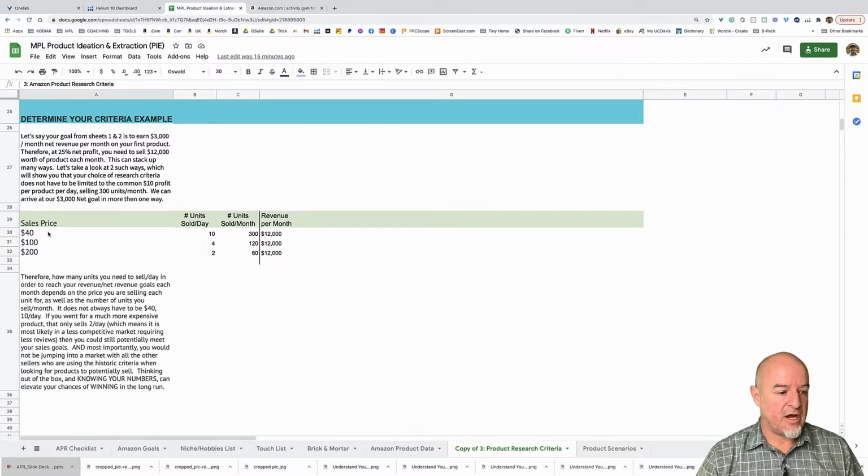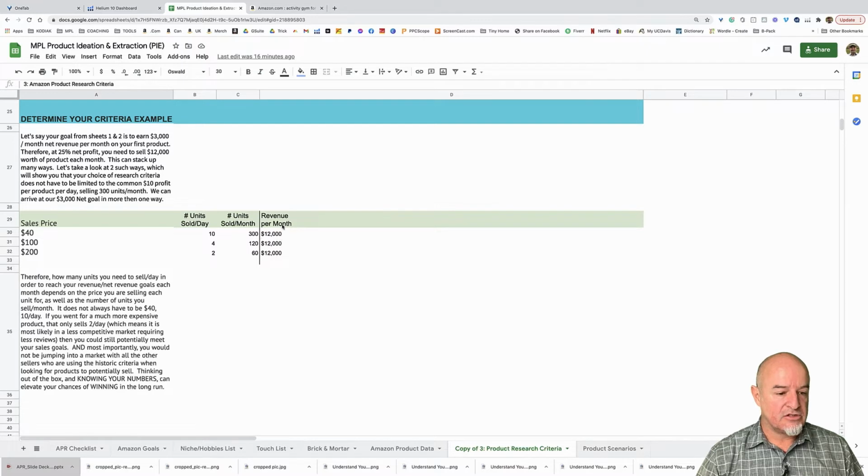Okay, so looking at that, if we go for a product that's got a sales price of $40, and we're going for that 10 sales a day, at 25% net profit, then at $40, that would be our $10 profit per product. If we go 10 a day, that's $100 per day, times 30 days would be $3,000, or a total revenue of $12,000 per month.